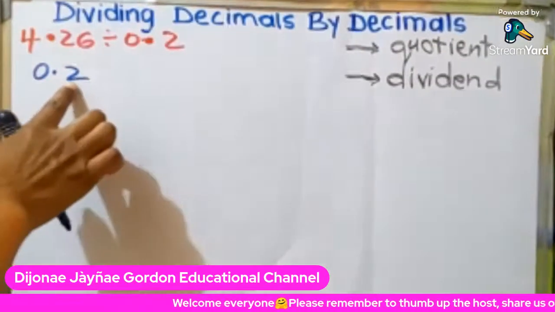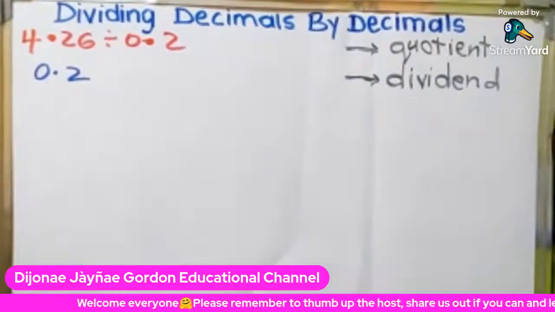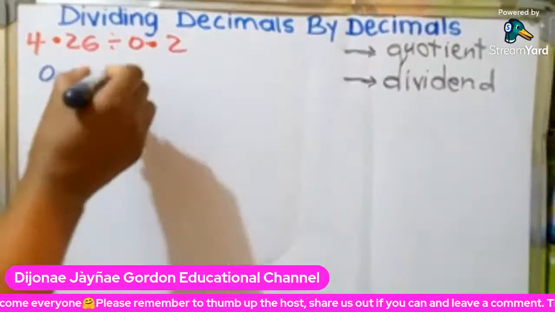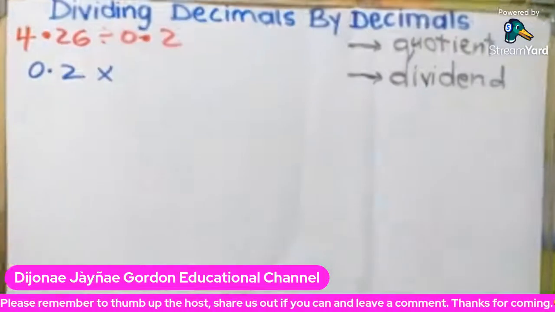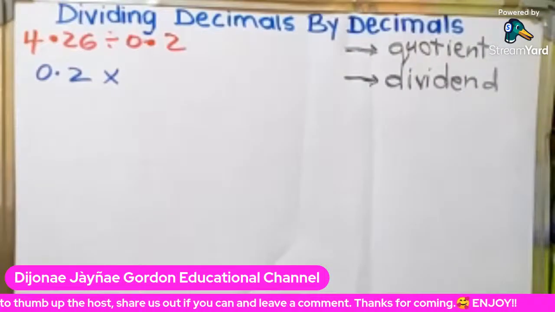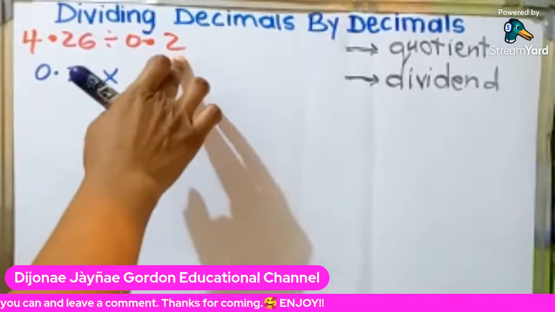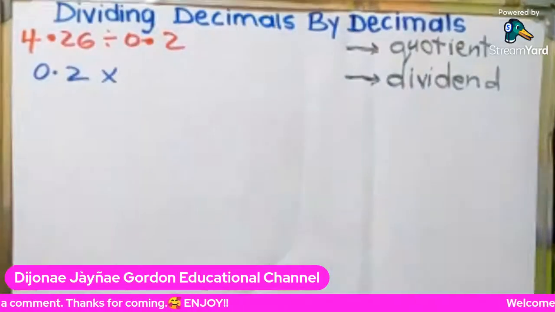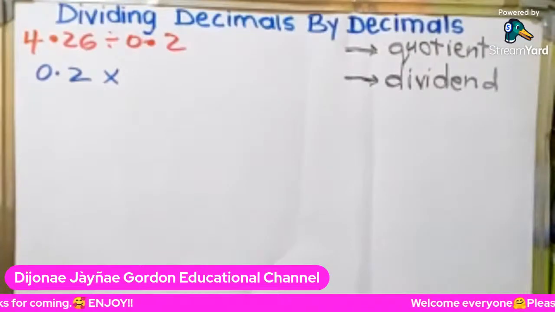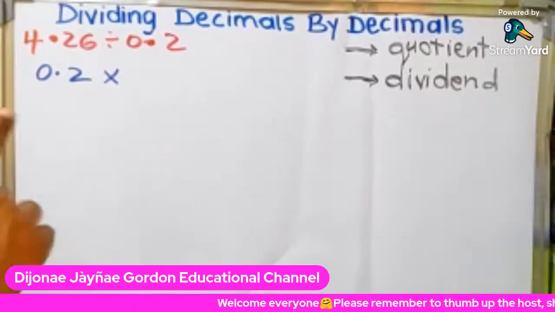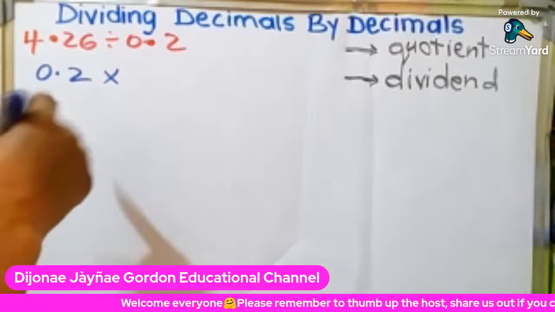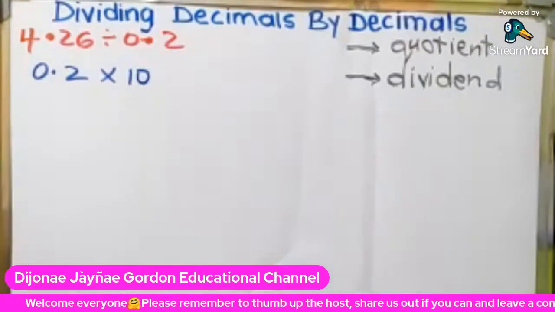In this case, we're going to be multiplying by 10. Okay? So remember now, when you are changing from a decimal to a whole number, you multiply by powers of 10. All right? So let's go right ahead and do that. So we're going to multiply by 10 in this case.